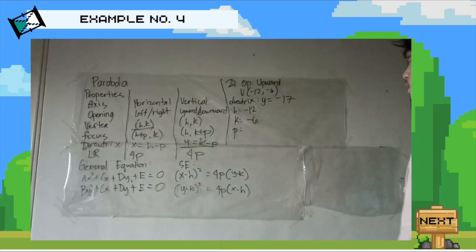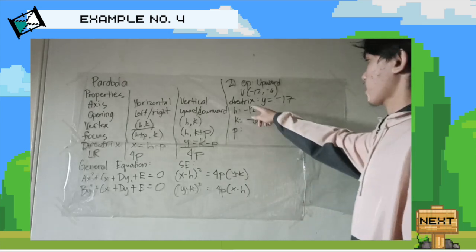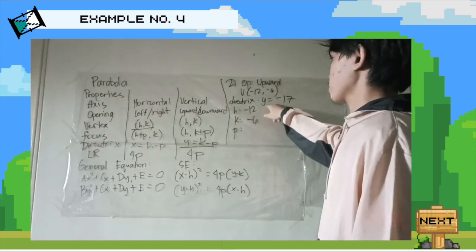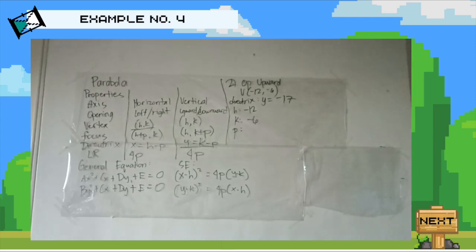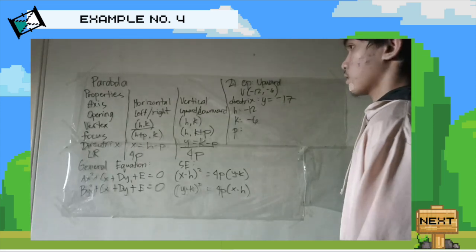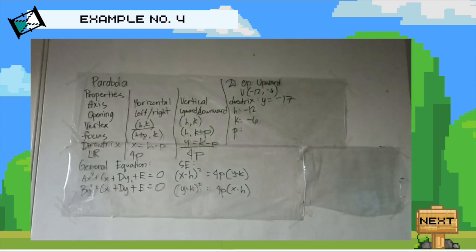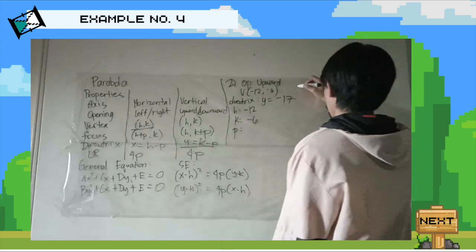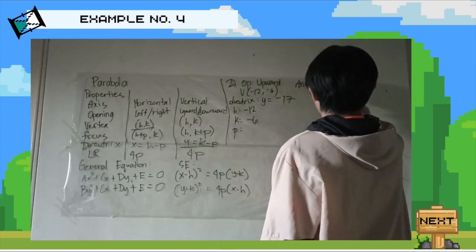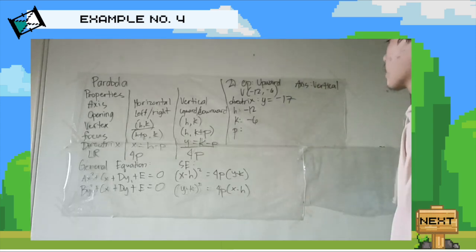Aside from that, even though the opening is not in the given properties, the directrix is y equals negative 17, and a directrix that passes through y is automatically horizontal, so the axis is vertical, because the focus is always above the directrix. Okay, so our axis is vertical.